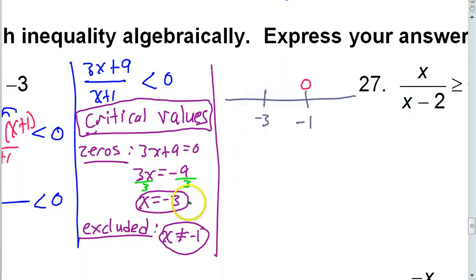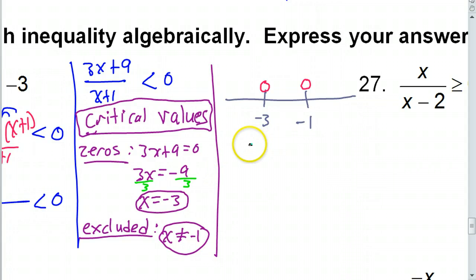But the 0 is sometimes included. We'll know it's included when it says or equal to 0. This one doesn't say anything about or equal to. It doesn't have the little line under it. So that means we don't want to include the zeros. So we will leave that as an open circle as well.